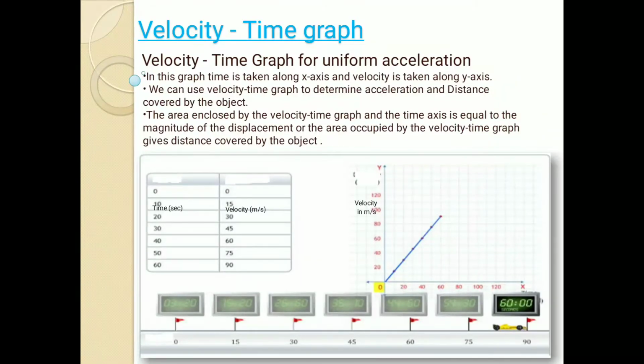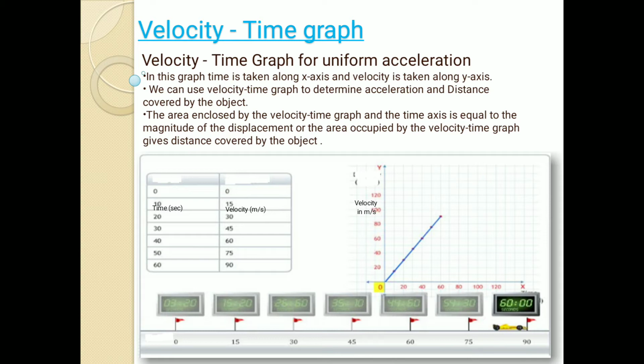The area enclosed by the velocity time graph and the time axis is equal to the magnitude of displacement, so the area under the velocity time graph gives the distance covered by the object. Next we need to discuss some more regarding this concept.